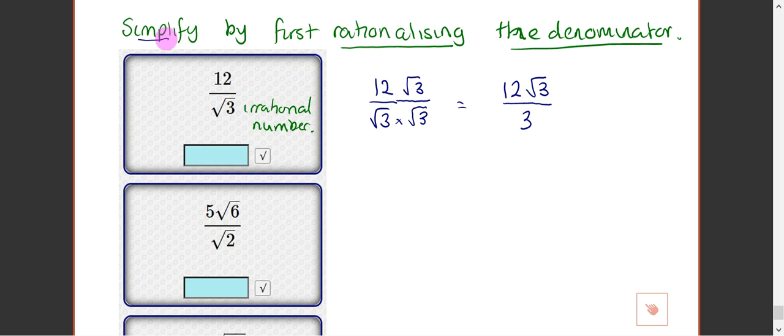How? 12 divided by 3 is 4. So I end up with 4 root 3. Now I don't have any denominator, which is nice. That's not always going to be the case, but it is in this one. Does that one make sense? Okay.